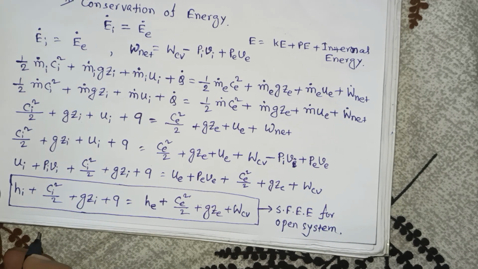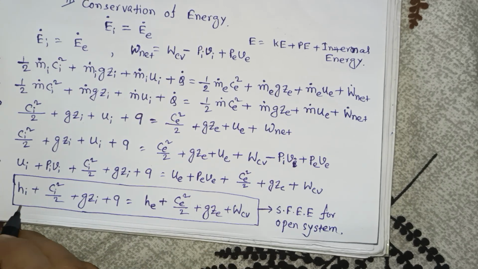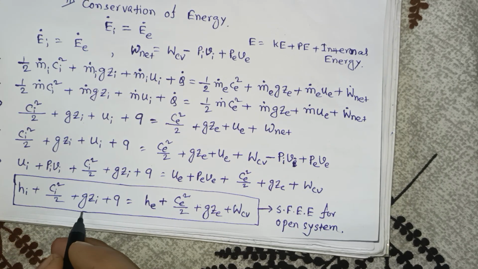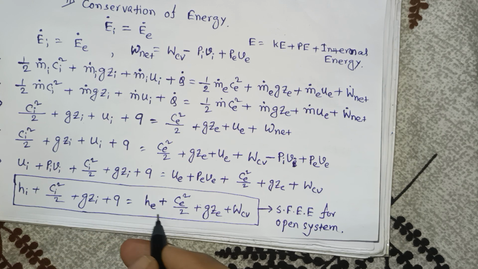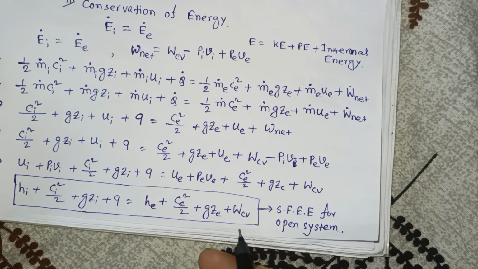So remember this steady flow energy equation: Hi plus Ci square by 2 plus g Zi plus Q is equal to He plus Ce square by 2 plus g Ze plus W of control volume.